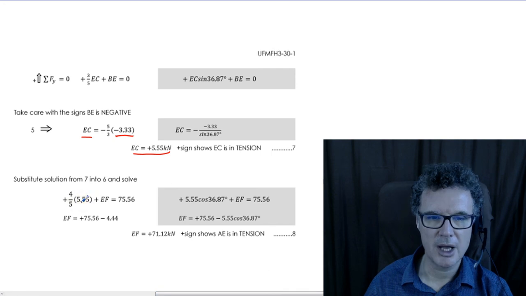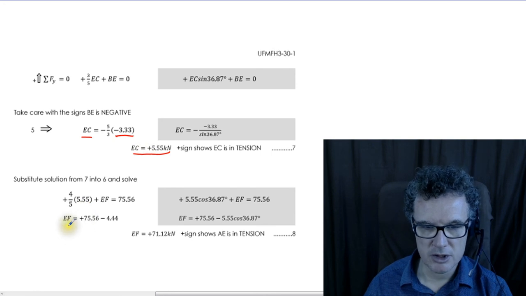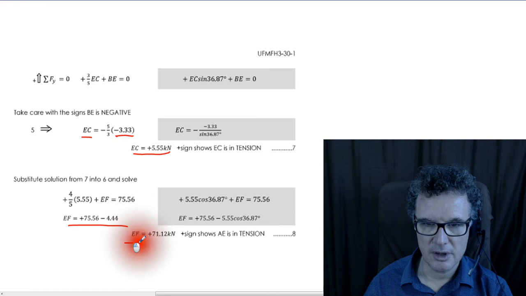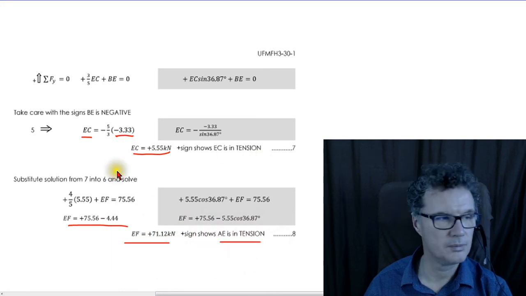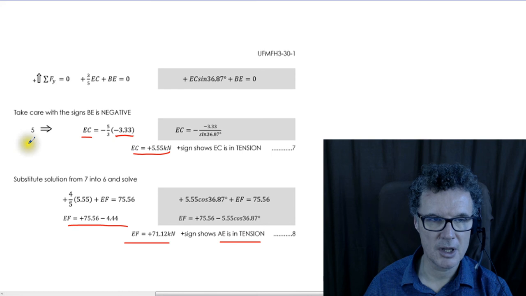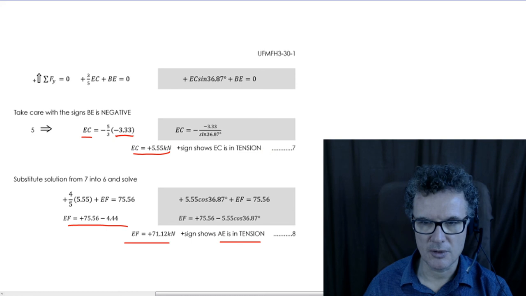And here we have the EC value, which we've just found from the previous equation. So I can substitute that in, rearrange it to find EF, and then state EF is a positive, and therefore it's going to be in tension. Okay, so that's talking through the notes. The next example, example B, I will just be writing on the whiteboard.